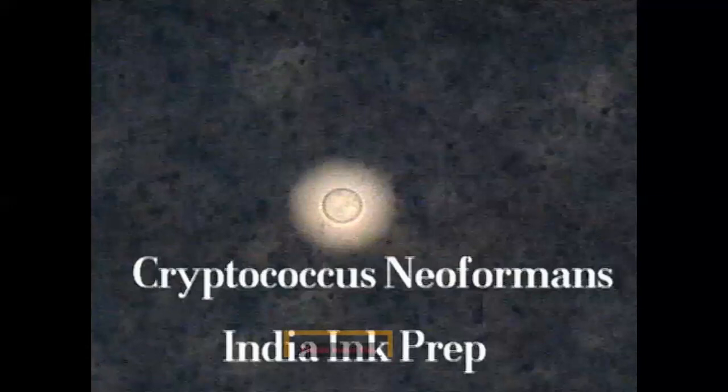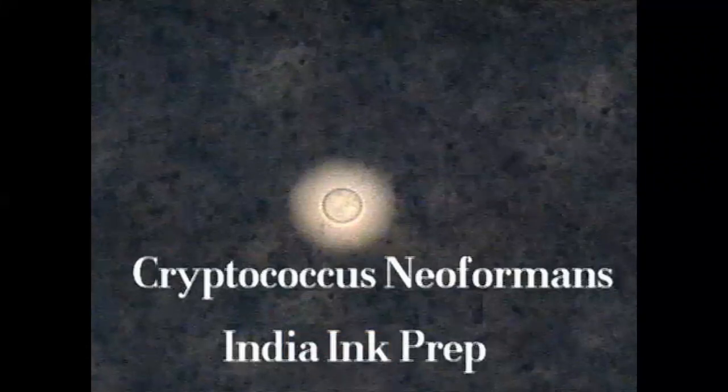Interesting thing about this India ink is that it is not a dye or a stain, it is just a drawing ink. And another interesting fact is that there is nothing to do with India. This ink is made in China, and this is just a name given to this ink because of its use in the art. So it is an India ink preparation.